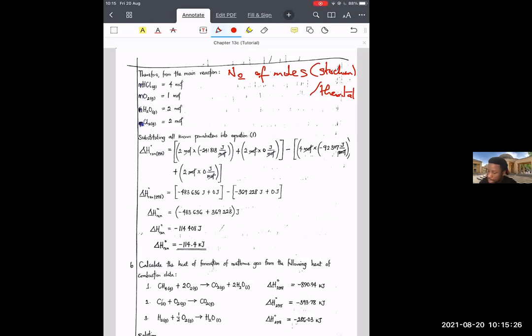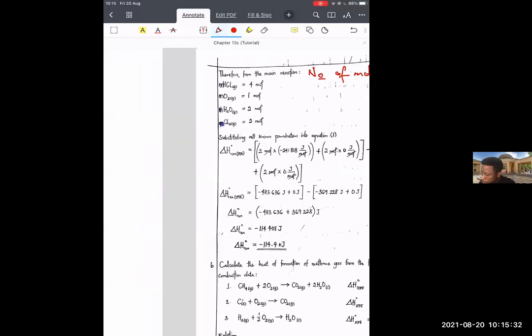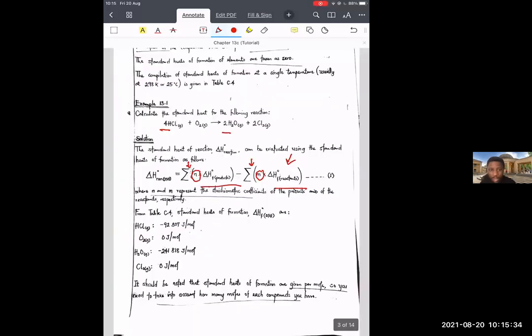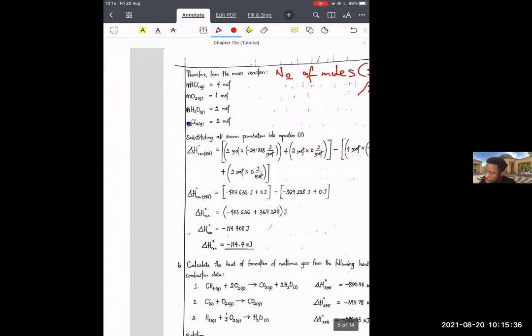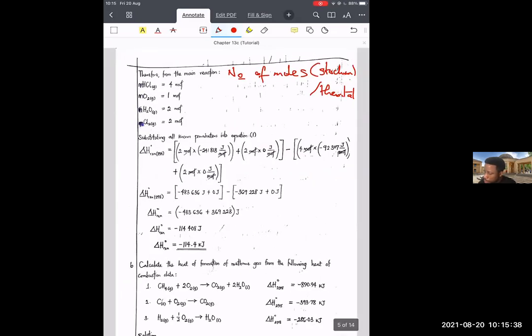If you put those in the equation we've been given, you remember we have the products, let's go back there, products and then reactants. So if we put in the products, we have the values for the products there, the HCl. Remember, for elements, it's 0. So 0 for elements.